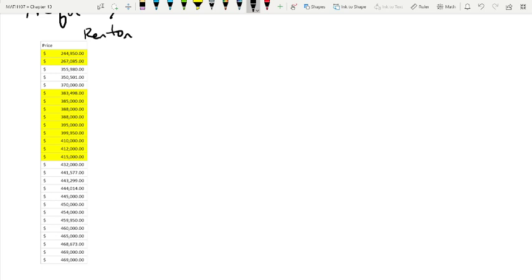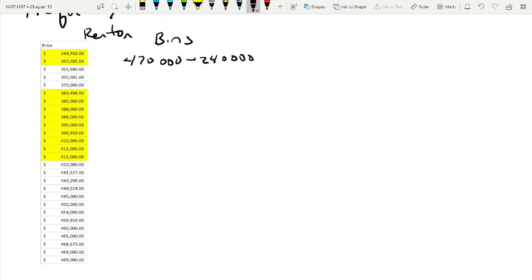So when we do a frequency table, we basically have to come up with what we're going to call bins. And so to do my bins, I said, okay, let's make my bins based on the following. We're going to go from 470,000 at the high end to 240,000 at the low end.